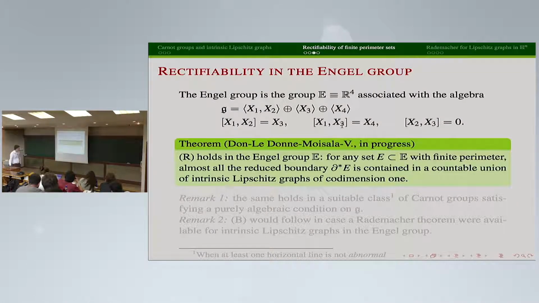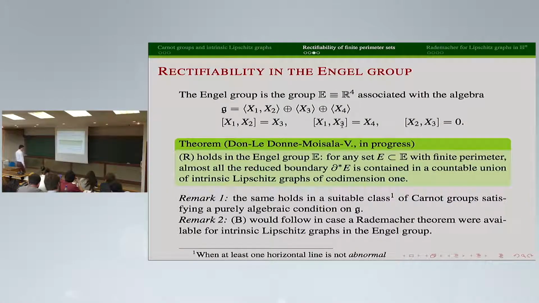Okay, so before giving you some hints, some flavors of the proof, let me state a couple of remarks. So, as I told you, this is something which we are able to prove not only in the Engel group, but in a more general class of Carnot groups. Precisely, it's a class of groups where at least one horizontal line, so exponential of tX for a fixed horizontal direction X, is not abnormal.